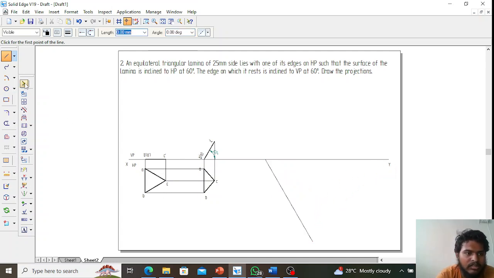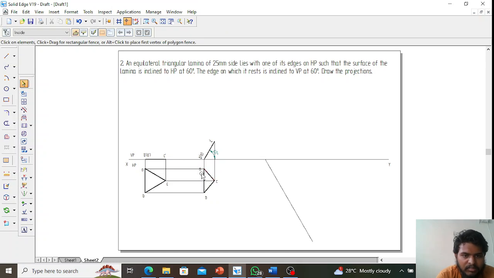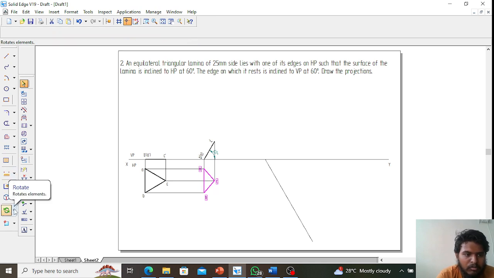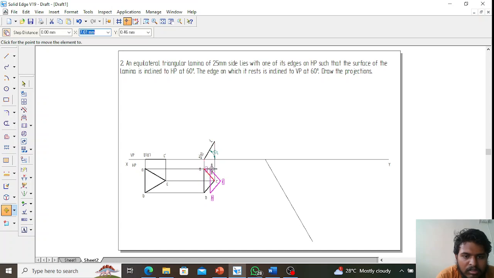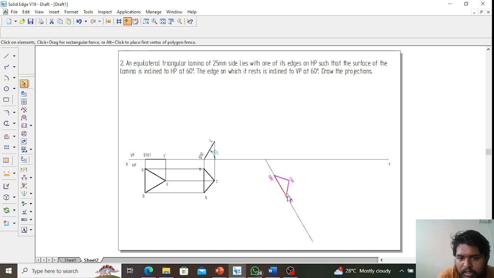Now what will I do is I will select this triangle, and then I will move it from here to there, and I will rotate from this point to this point. Okay, it's done.